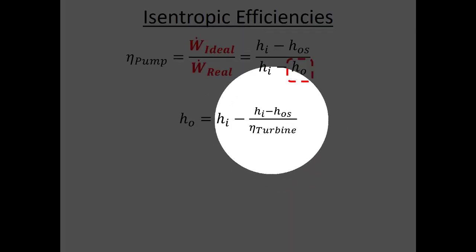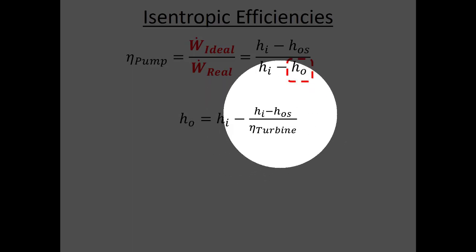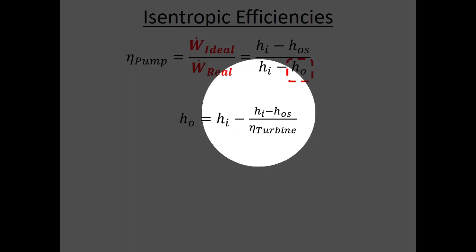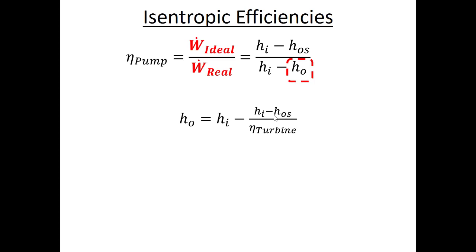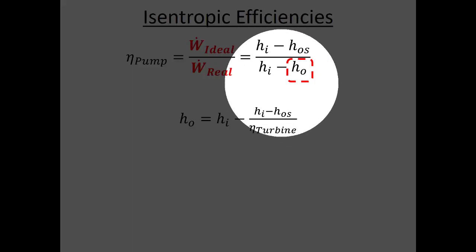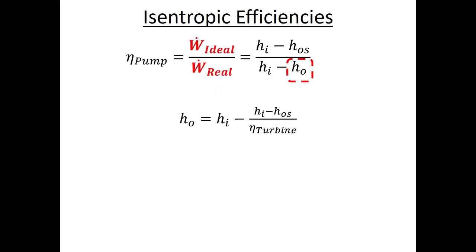Sorry about that. Because we're dividing by the efficiency, that's going to make this change bigger because we have a bigger change in H across our real pump. So when I put this in, my H6 becomes 407.3 kilojoules per kilogram.